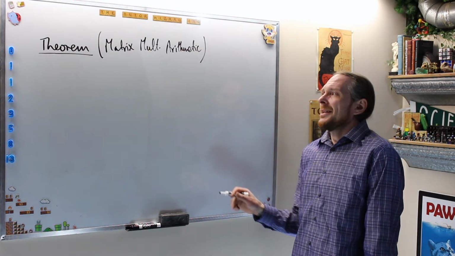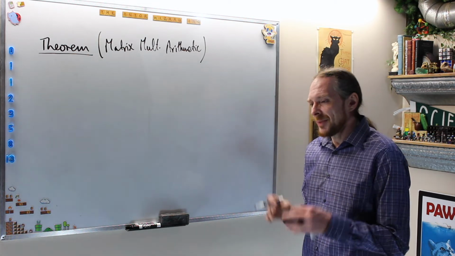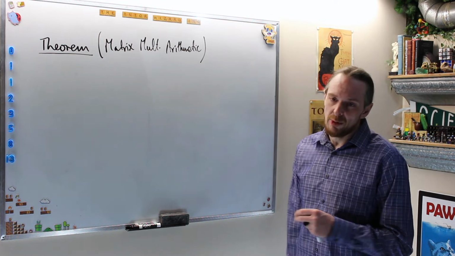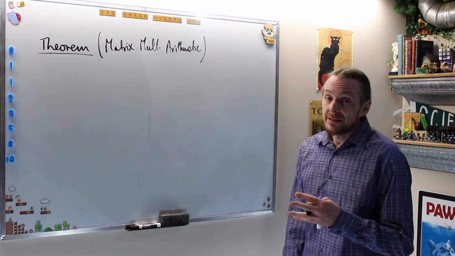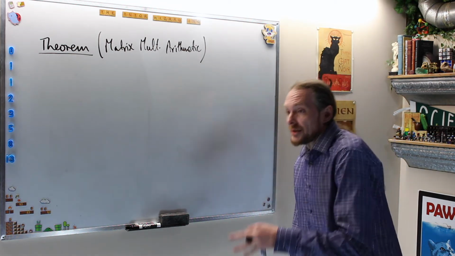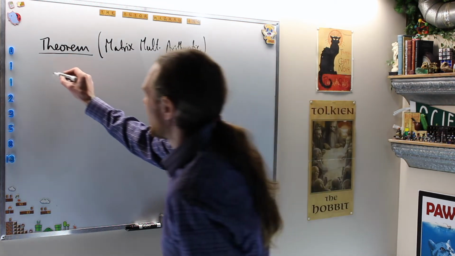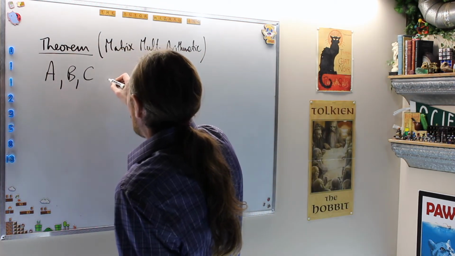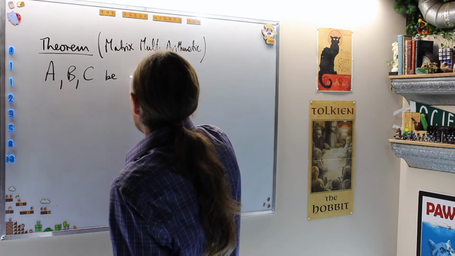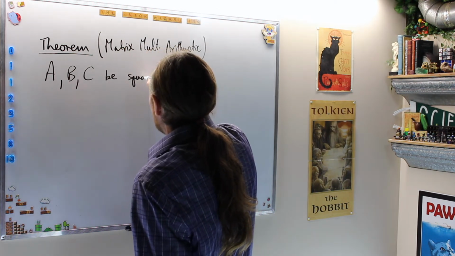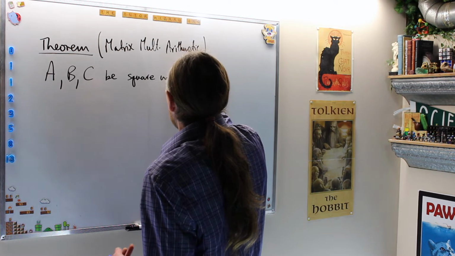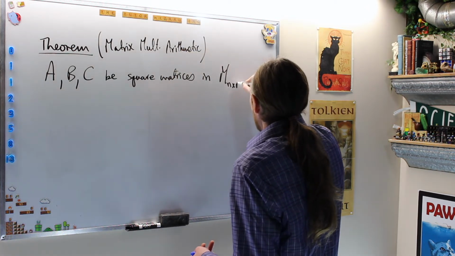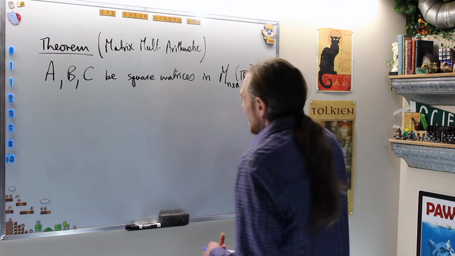Basically, what they're saying here is a few more things that we have. Because we have a true matrix multiplication, we want to see the few other properties that we are actually allowed to do with matrix multiplication and matrix addition. The three that we're going to do is we're going to let A, B, C now be square matrices in M_n(R).